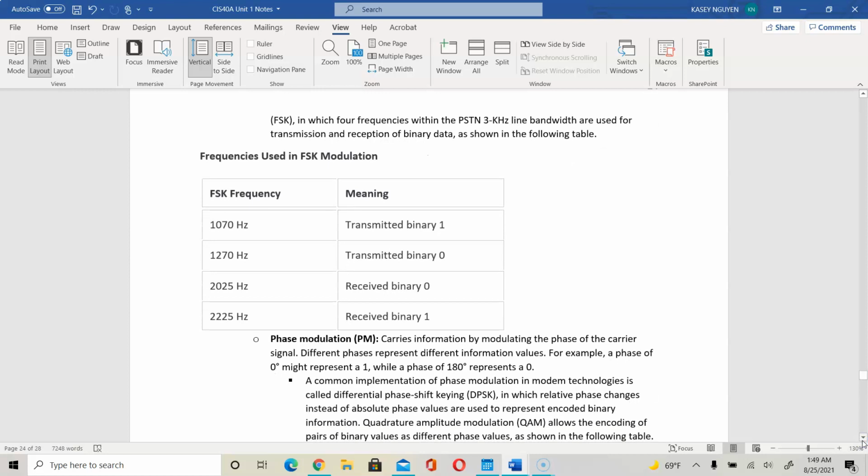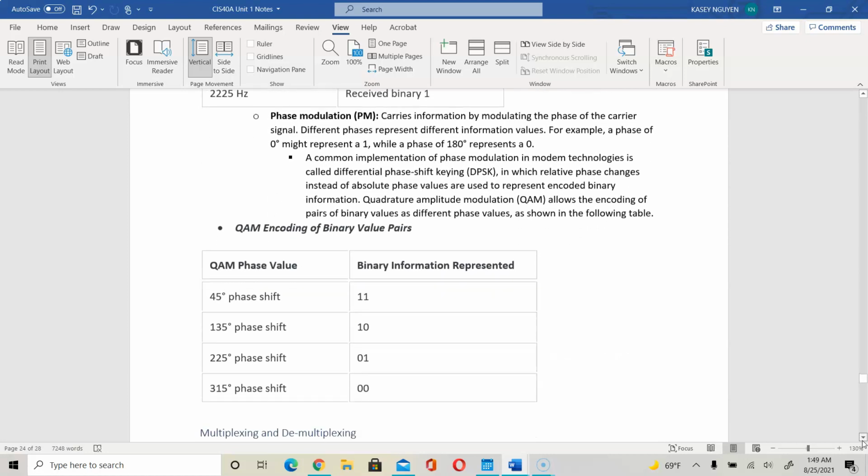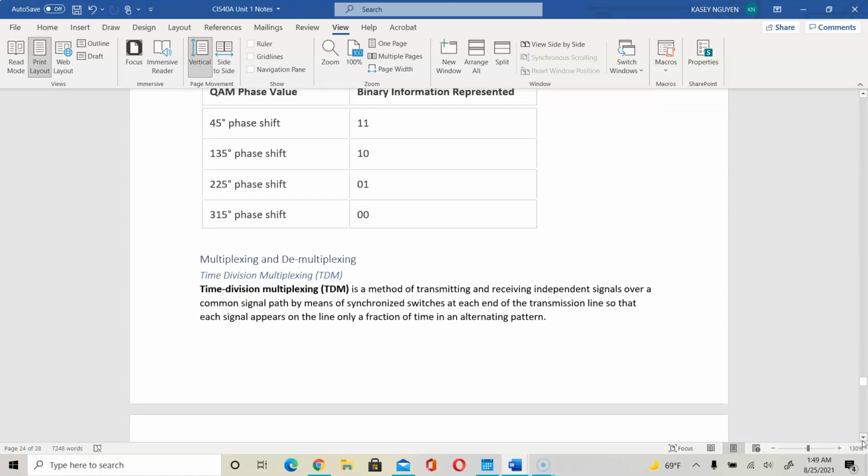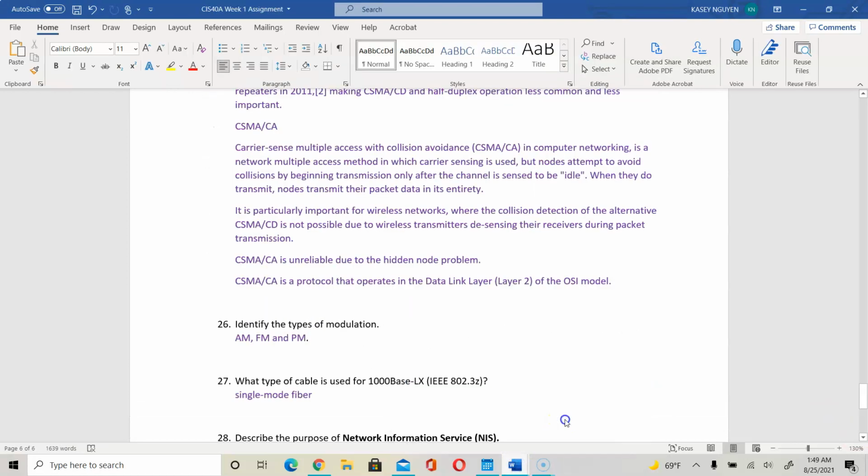And there you can see the differences across those three. They are specific to frequency and how it's transmitting binaries. So for the next question, we can say the type of modulation is AM, FM, and PM.